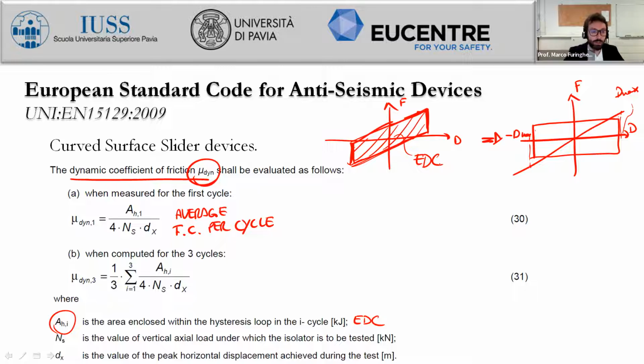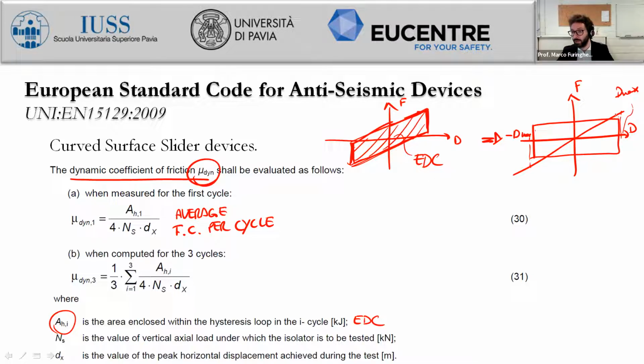as we generally know from mathematics, a linear operator with respect to the summation. So the integral of the summation is the summation of the two individual integrals. So if we consider the force response of the curved surface slider as the summation of these two contributions, the integral is just the summation of these two integrals.